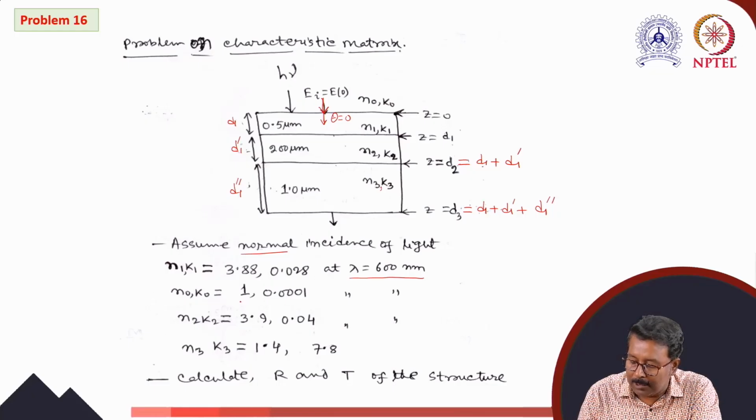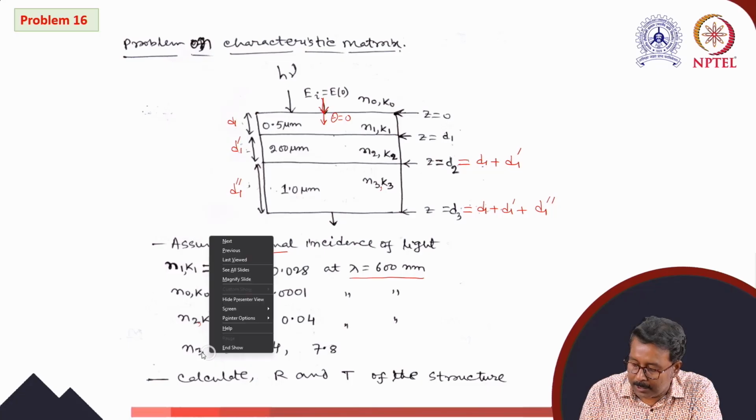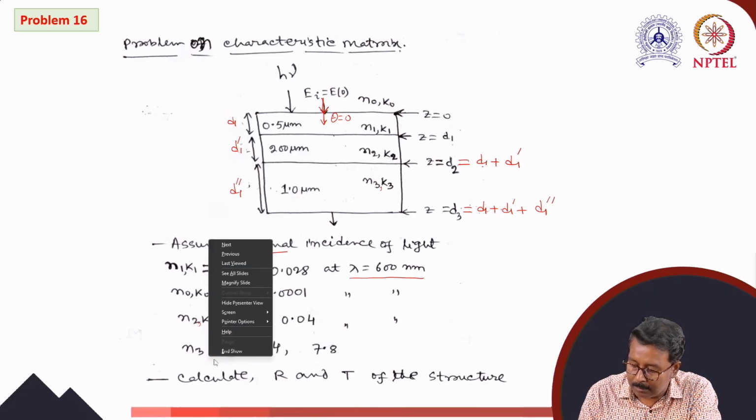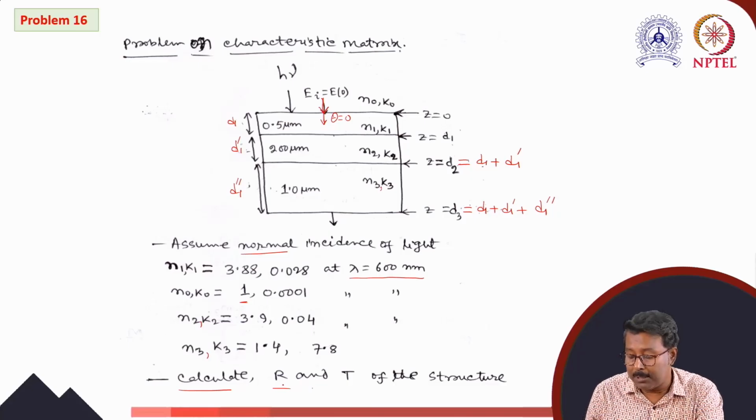For air, N is 1 and K is a very small value, of course. N2, K2 and N3, K3 are also given. Calculate capital R, that is the reflectivity, the energy reflection coefficient, and the transmission coefficient or transmissivity of the whole structure.